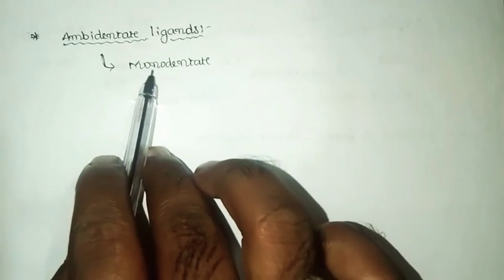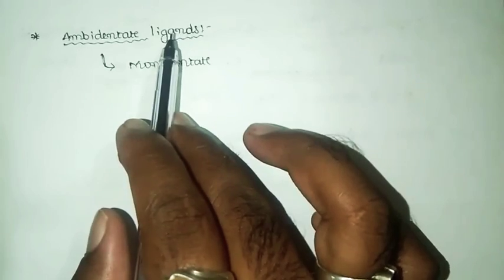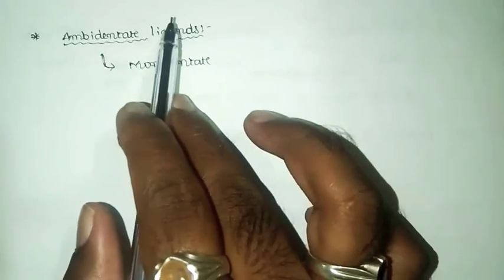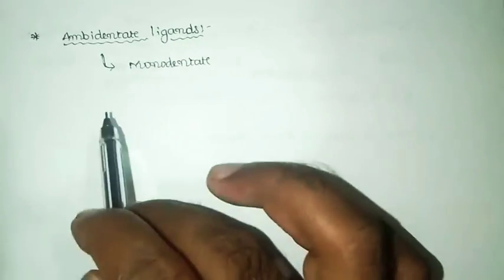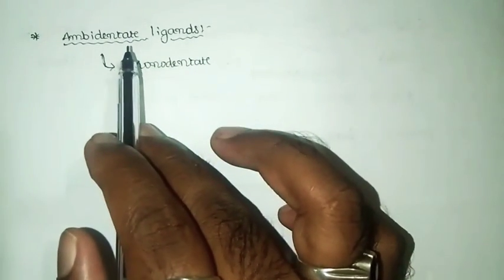I repeat, in case of a monodentate ligand, if the ligand is a molecule, whether neutral or charged, there is some possibility in certain ligands that more than one atom may show a tendency to form the coordinate bond or to act as a ligating atom.